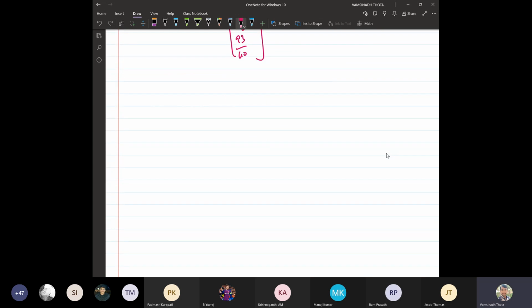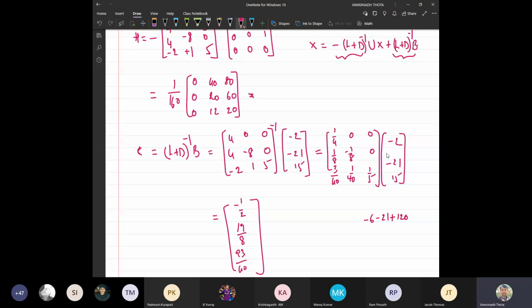So now what is the iteration? The (k+1)th iteration: what is the matrix of iteration?